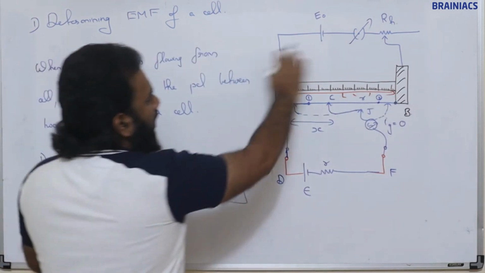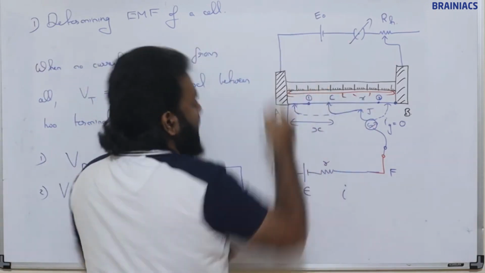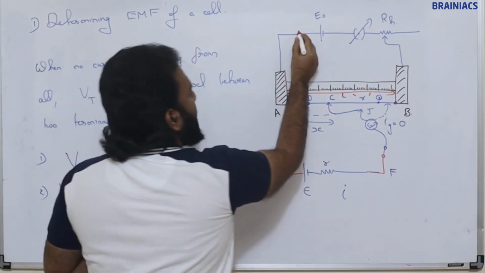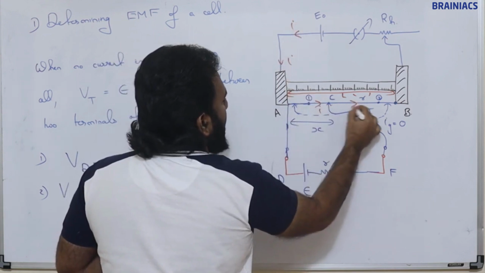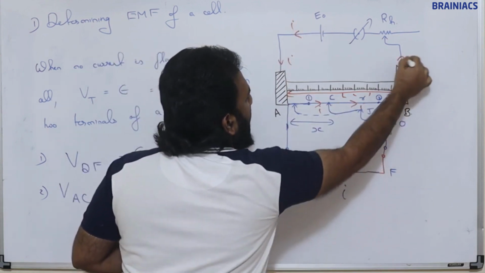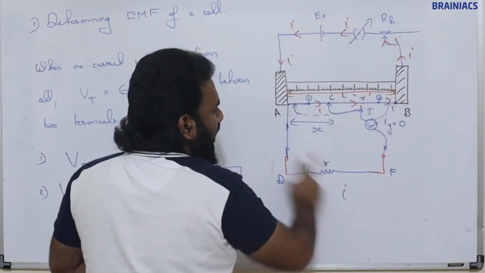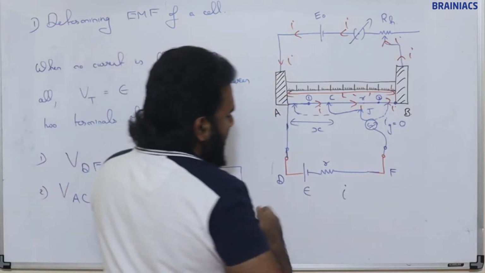Now, what is the current passing through this? Suppose current is passing through this. I is flowing like this, no current here. So what is that I? That I is equal to E0 divided by the total resistance.